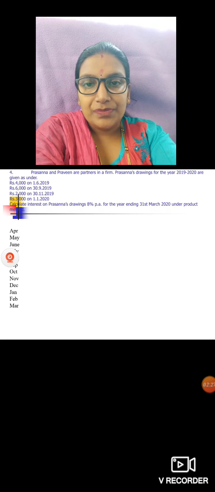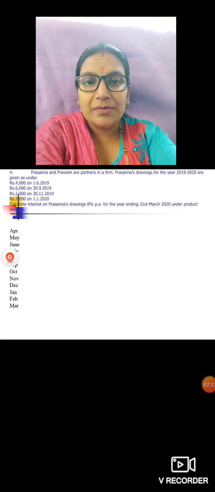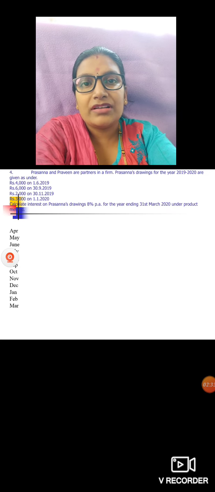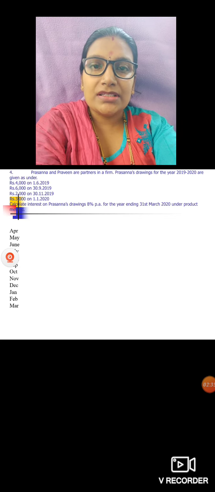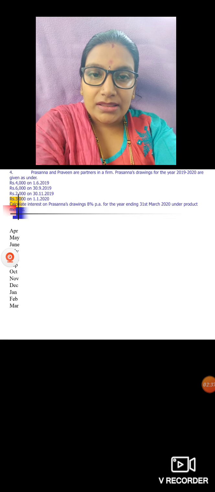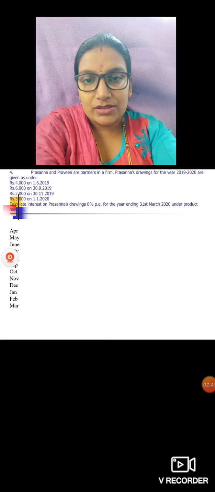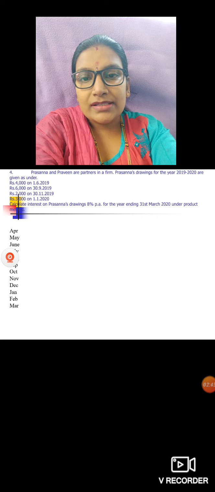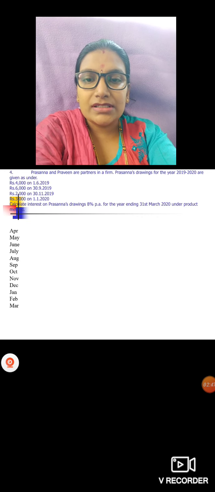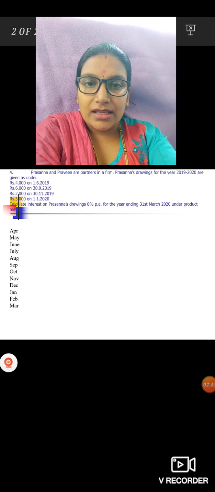You have to calculate interest on Prasanna's drawings at 8% per annum, for the year ending 31st March 2020, under the product method.